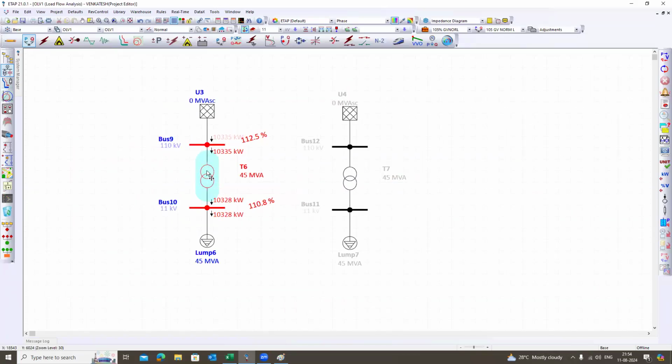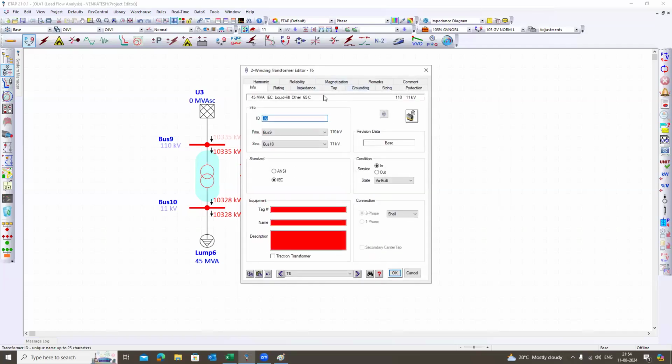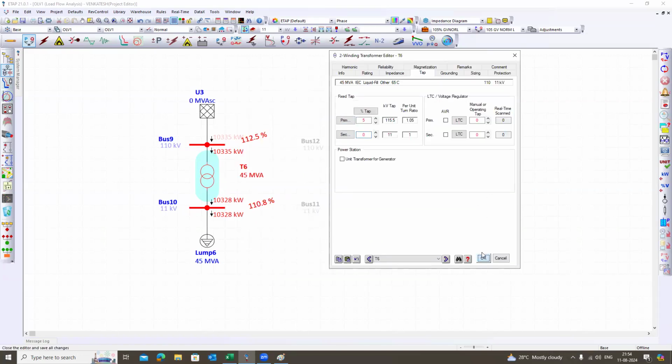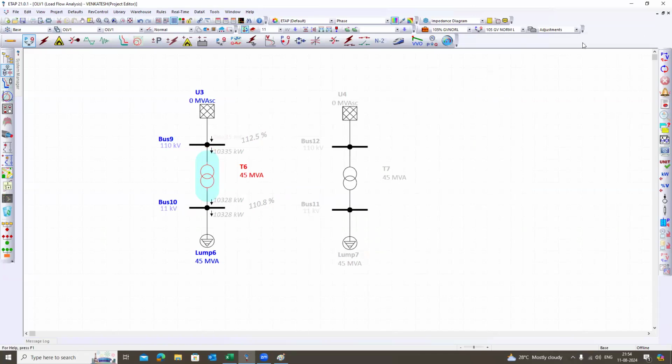Now, what I'm doing is putting some random tap. Let's suppose it is from +5 to -5% tap. Because this gives the positive side tap, I'm giving the 5% tap and running the load flow again. Now the bus voltage comes within the allowed limit, but it is still more than 5%.